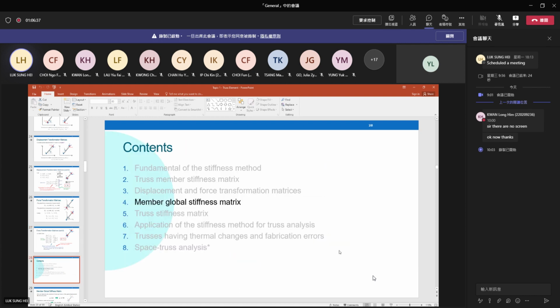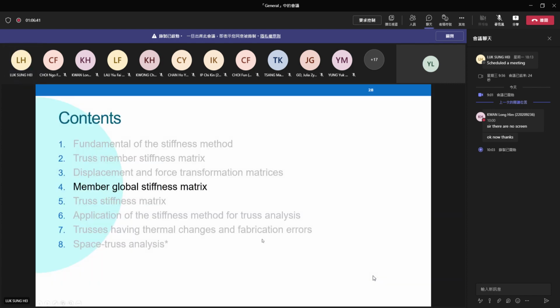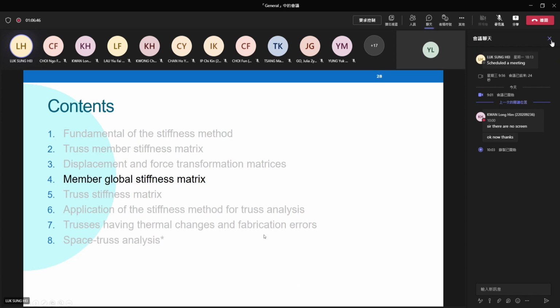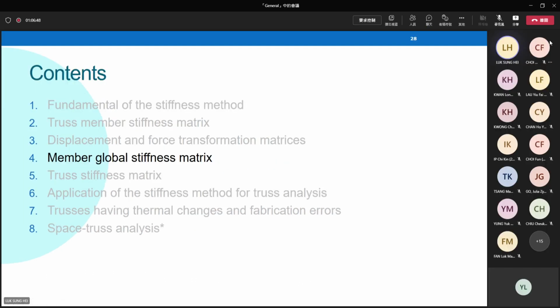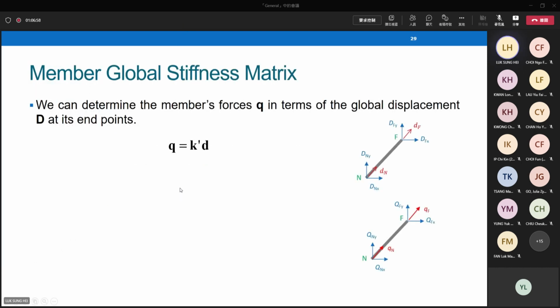It becomes our section 4, member global stiffness matrix. We utilize the previous transformation matrix to convert our local stiffness matrix to the global stiffness matrix. The procedure is quite simple. Firstly, we start from this local force displacement relationship.